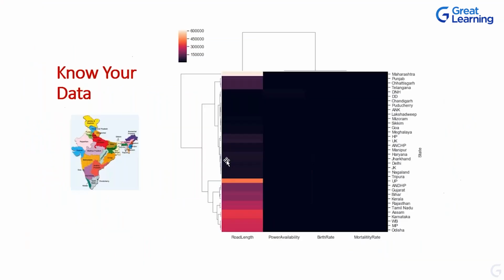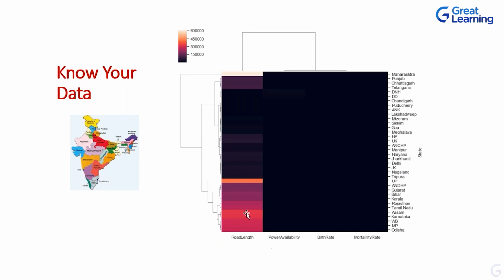So this shows, this is again road length. All these three are on a scale. So they are very close. That's why they are in one same color. But this clustering indicates that clustering is possible in this data. And you can see this clustering is based not only on road length.